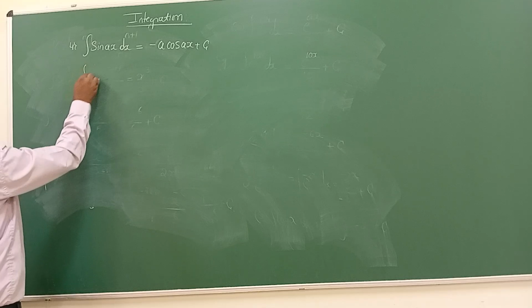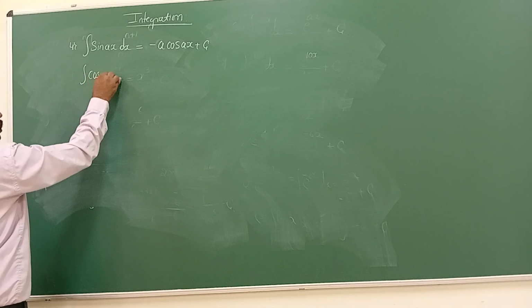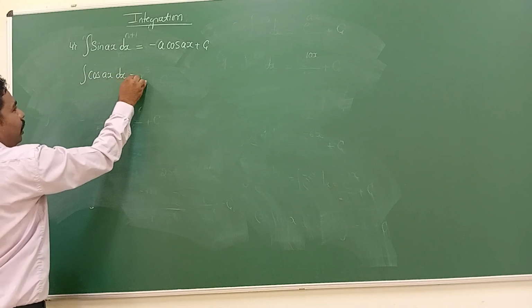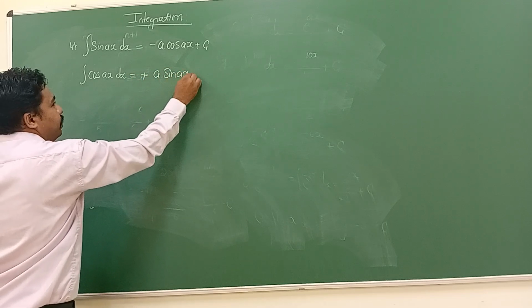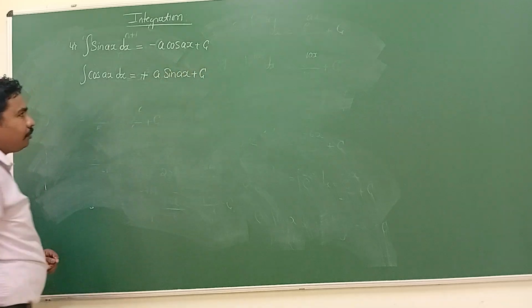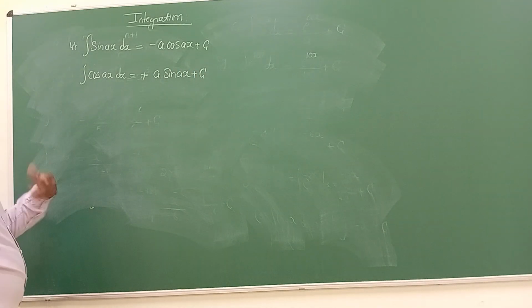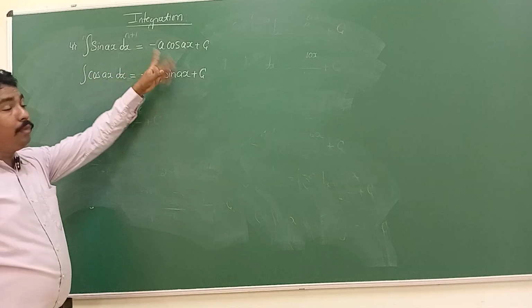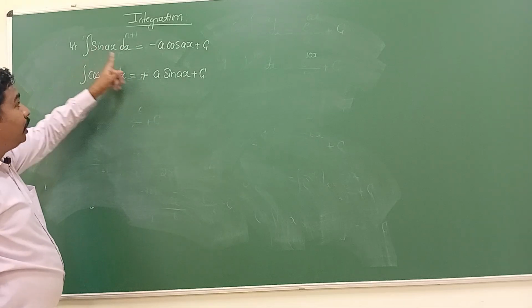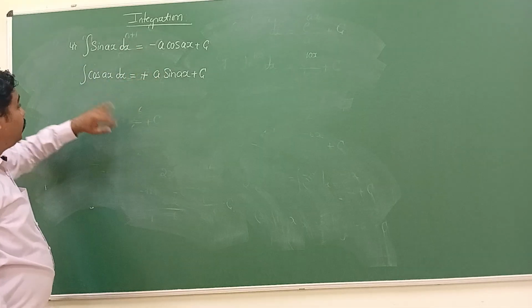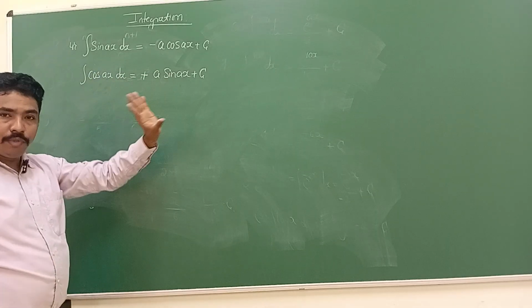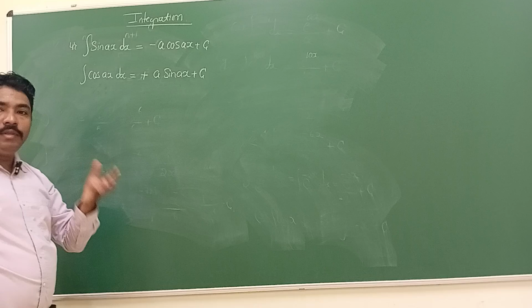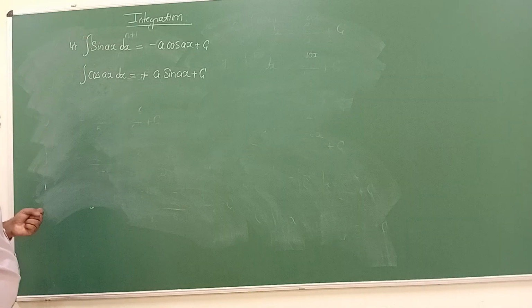If I take the integral of cos ax dx, it becomes plus 1 by a times sin ax plus c. In differentiation it is the reverse. Differentiation of sin will be positive cos, but integration of sin will be negative cos. Differentiation of cos will be negative sin, but integration of cos will be positive sin. That difference you must always remember.